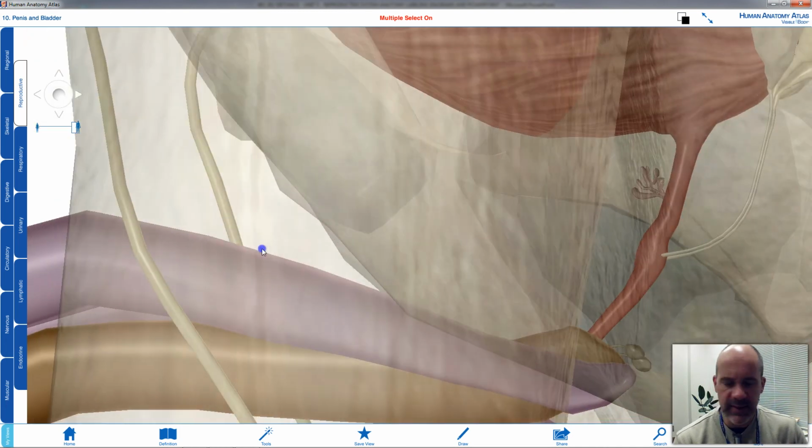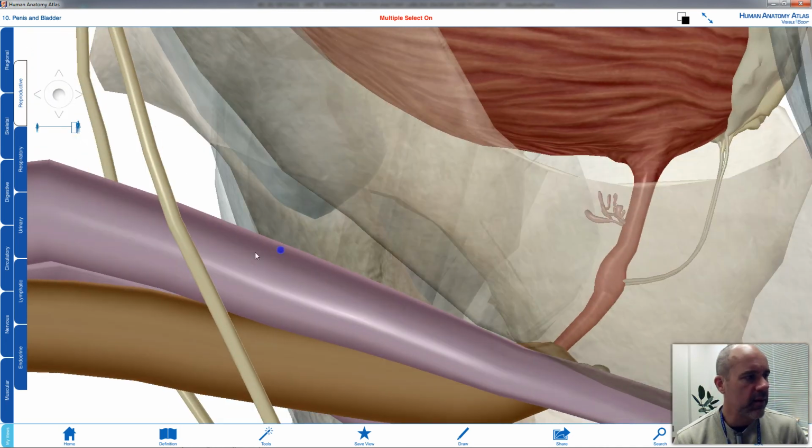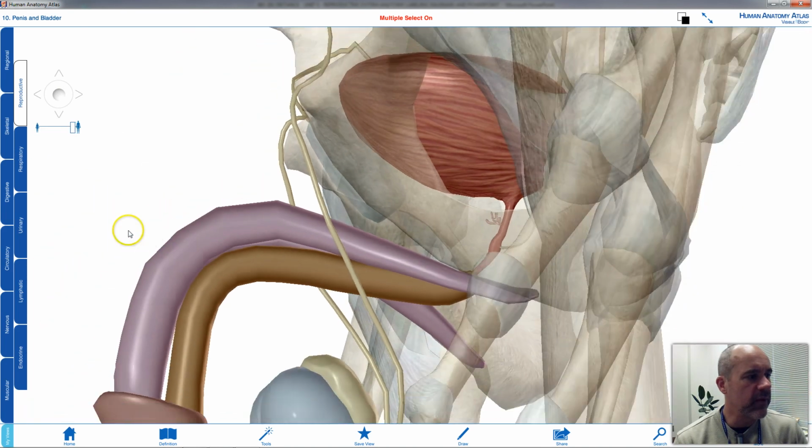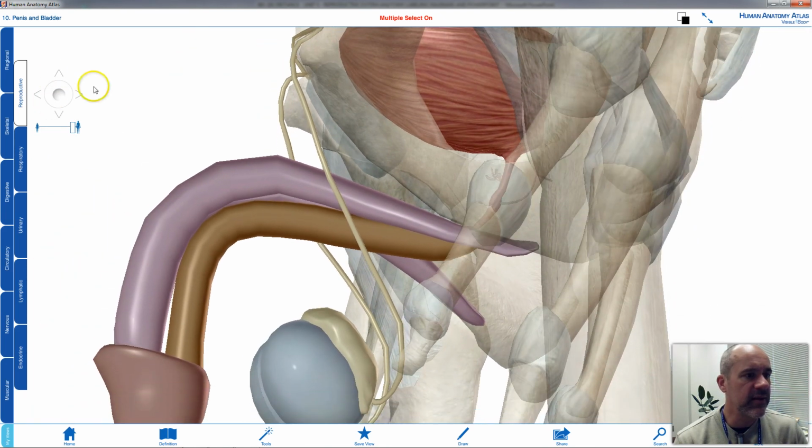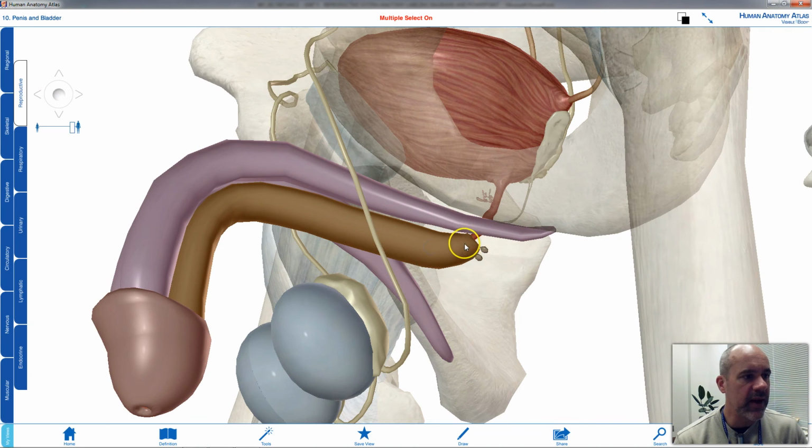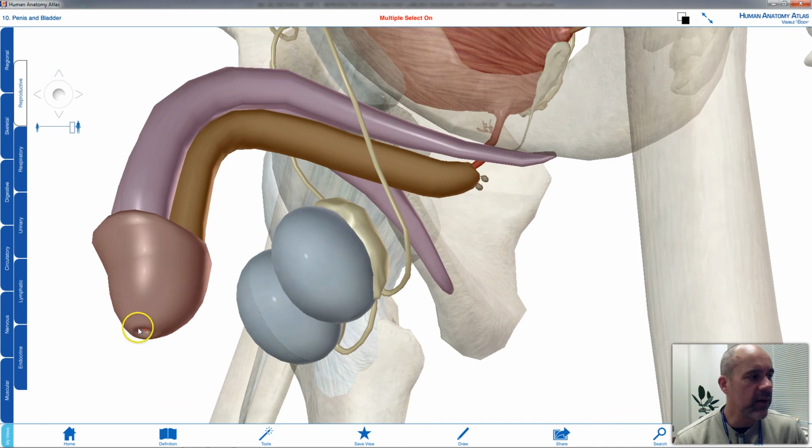All right, as we saw over on the urinary system side, the rest of the urethra is passing through these tissues here inside the penis. And then here you have the opening, the external urethral orifice. So your sperm cells, of course, are going to exit through that opening just like urine does.